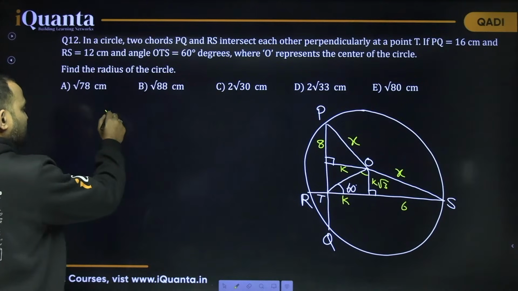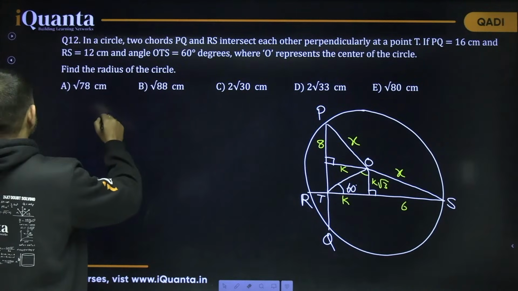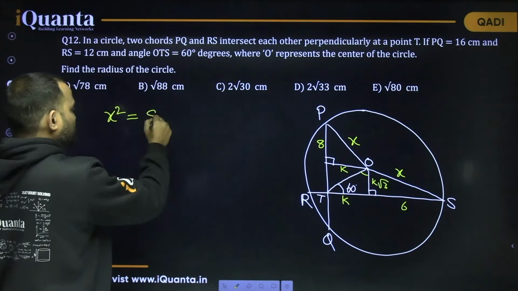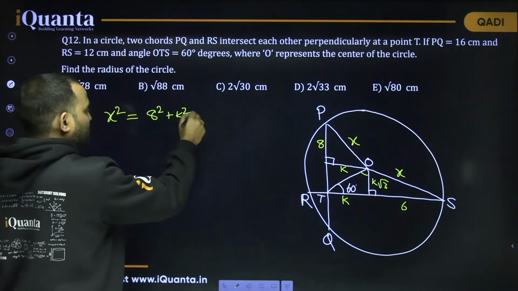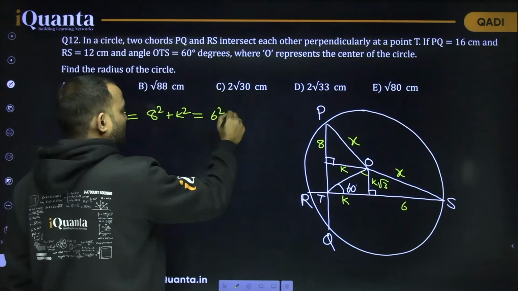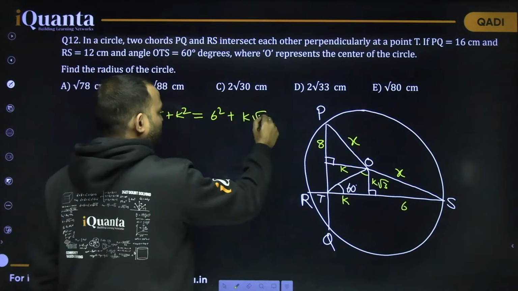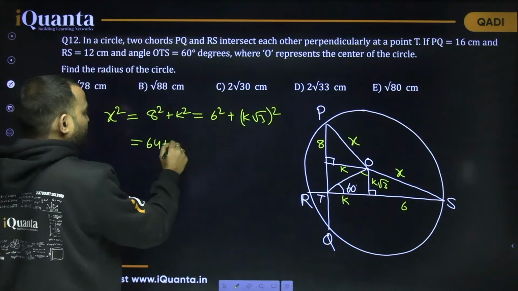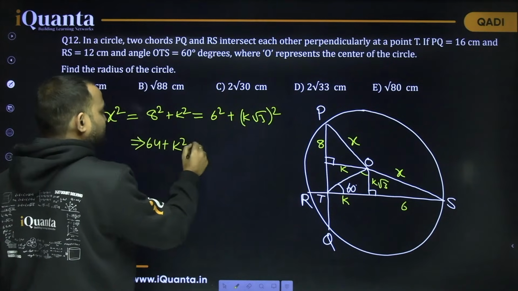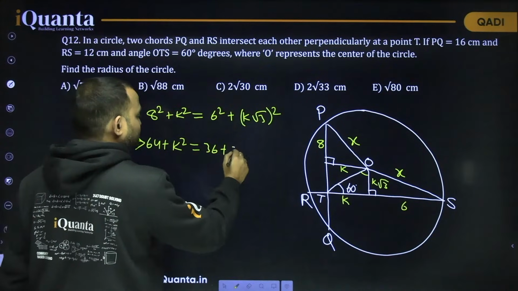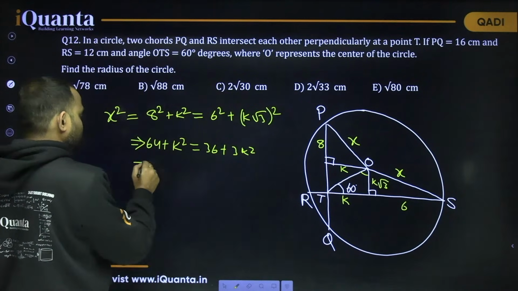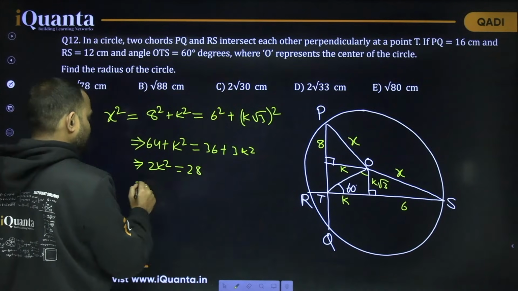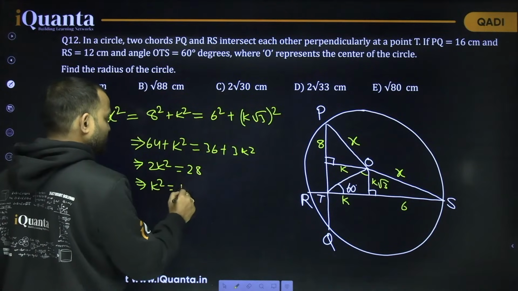X square will be equal to 8 square plus K square, which is same as 6 square plus K root 3 square. So from there 64 plus K square is equal to 36 plus 3K square. So 2K square is equal to 28 or K square is equal to 14.